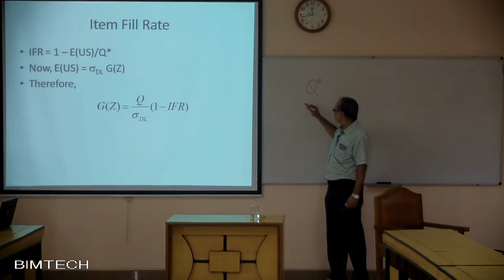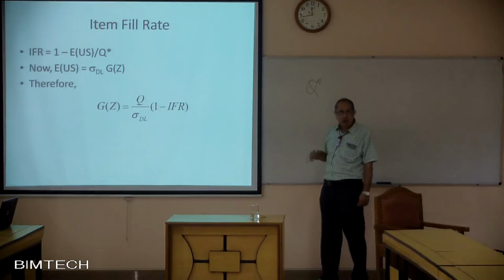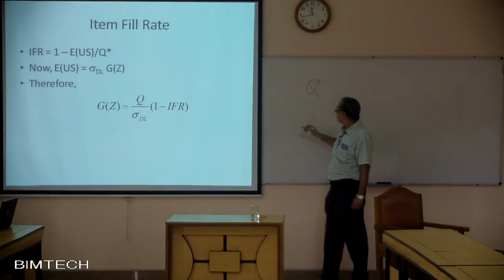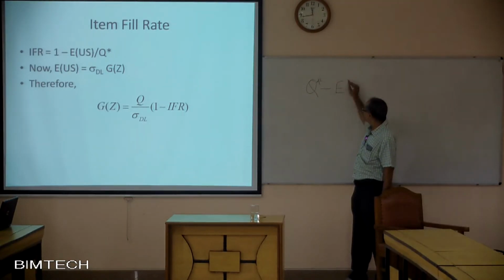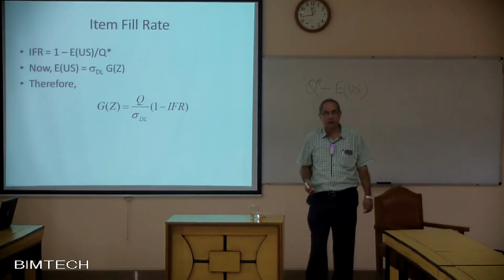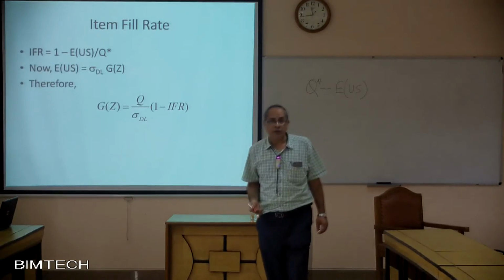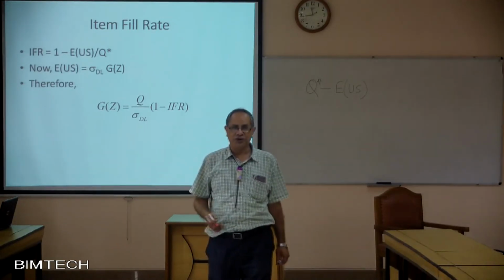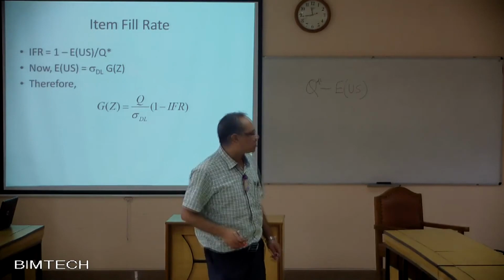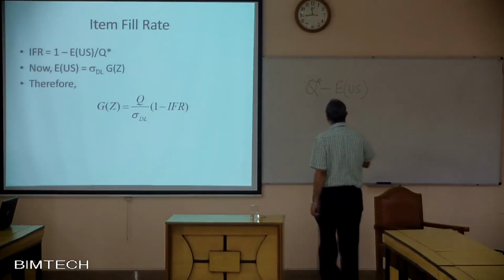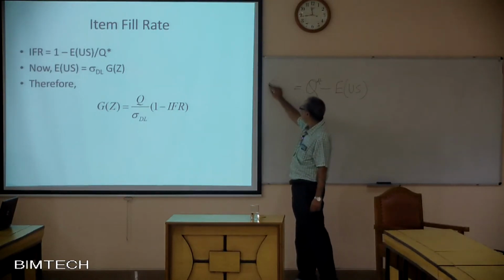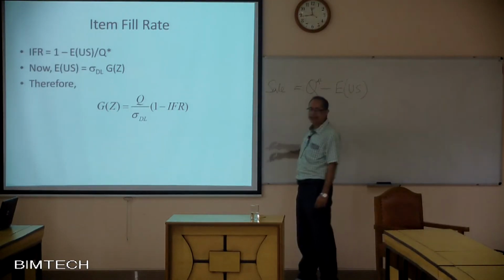Now, how much of this demand are we able to meet? The demand we are able to meet is Q star minus expected units short. There is always a probability of stocking out, so you go short. So Q star minus expected units short gives me the total sale. We have done this earlier in single period inventory.